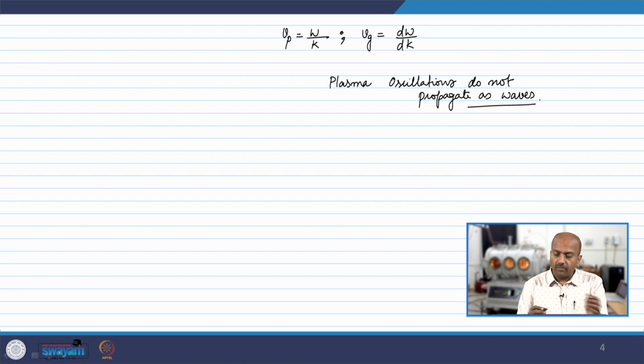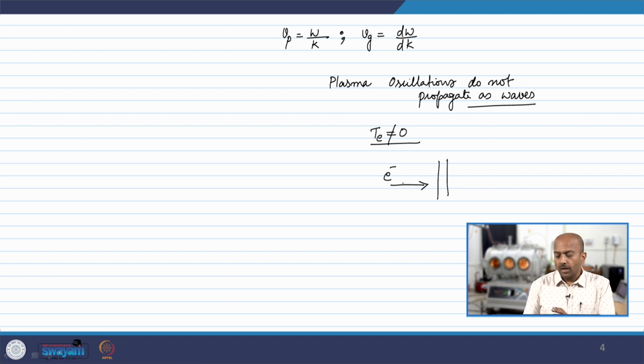So, because you have imposed the condition that the temperature of electron is 0, if you make it non-zero, then there is a possibility that the electron, because of its thermal energy, the energy that it possesses by virtue of its temperature, can get transported into the adjacent layers of plasma, and it can propagate the information from one point to another point, right.